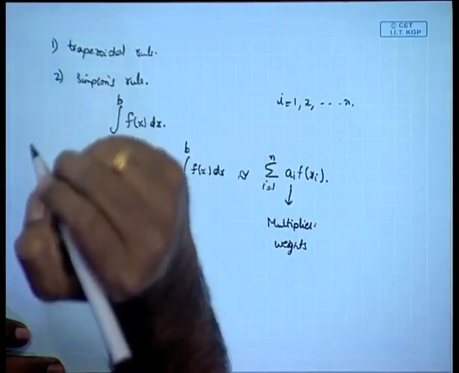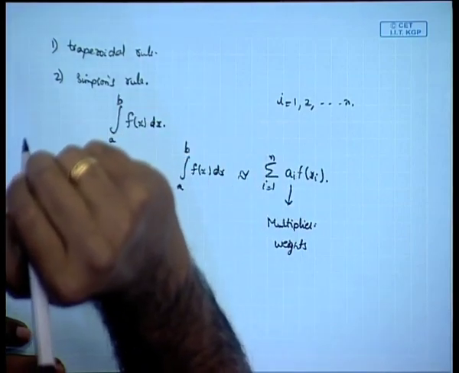These are different weights that are used for the different f of x_i's. f of x_i is the value of f of x at different i, that is, i goes from 1 to n, and f of x_i goes from f of x1 to f of x n, and it is multiplied by a1, a2, a3 and so on. These a_i's are known as the multipliers or weights.